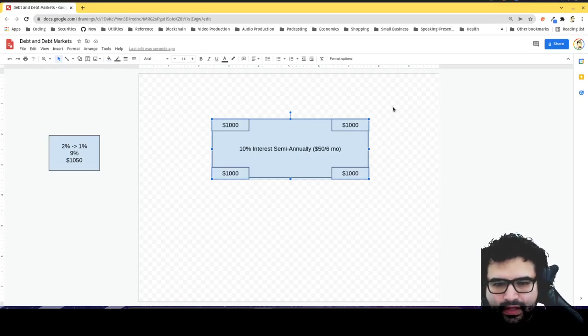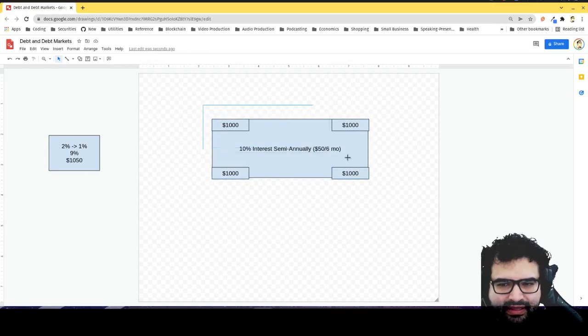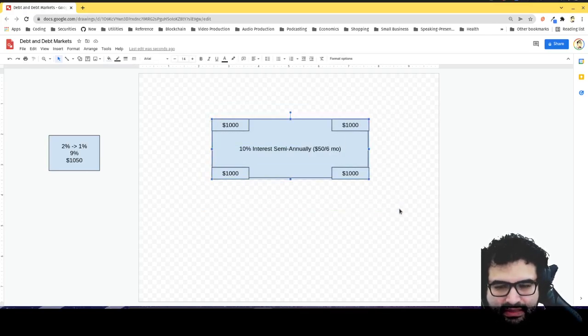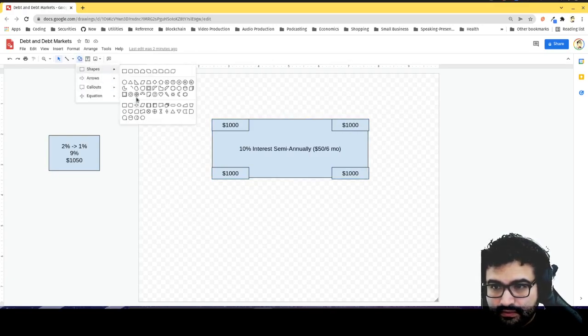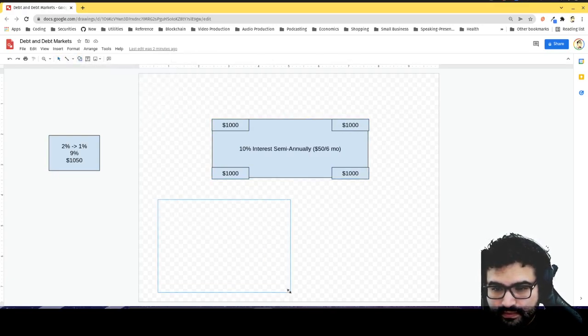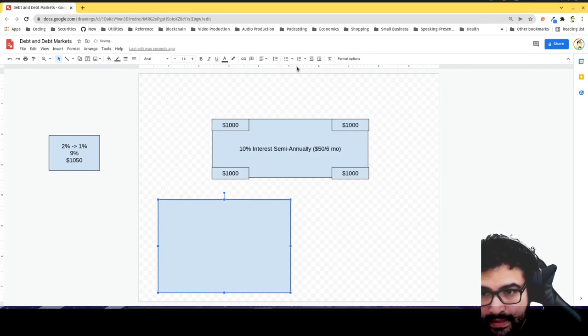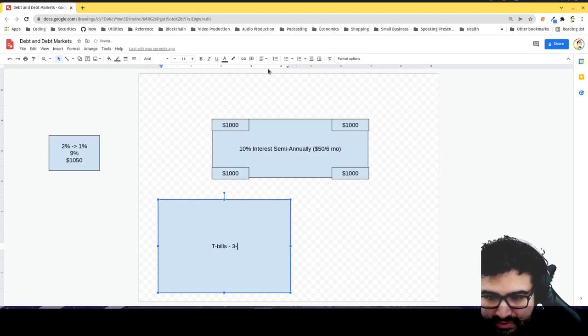Okay. Now, something to consider when it comes to government debt: government debt gets issued in multiple maturities. Generally, when governments issue bonds, they're issuing them in three tiers. This next part's going to be a little more commentary than lesson. So we have T-bills, which are generally between 3 months to a year.